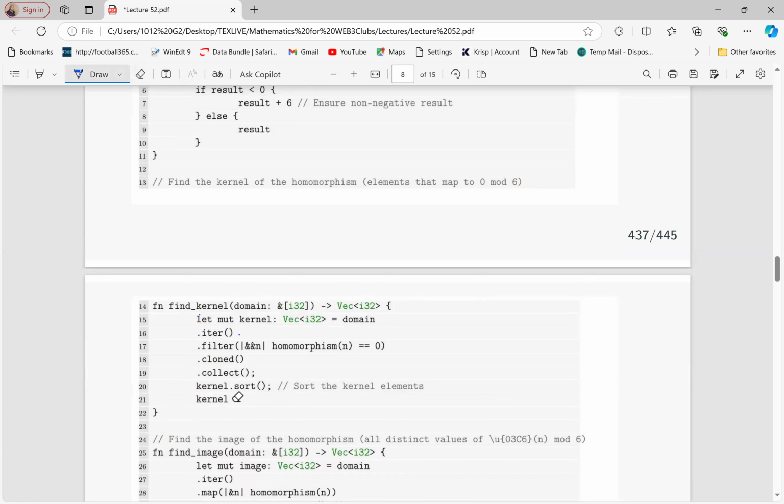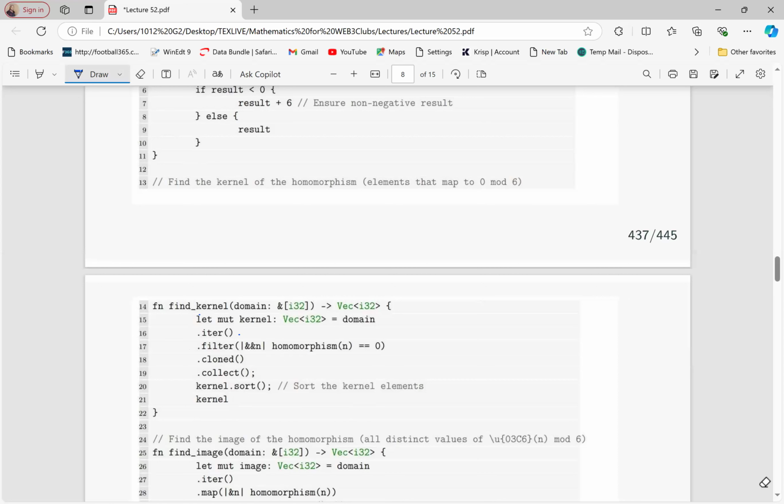So that 1 comes before 2, 2 comes before 3, 3 comes before 5. This is what I mean by sort. I just wanted to sort the elements. Then collect, of course, we just collect the elements. Then there's clone.